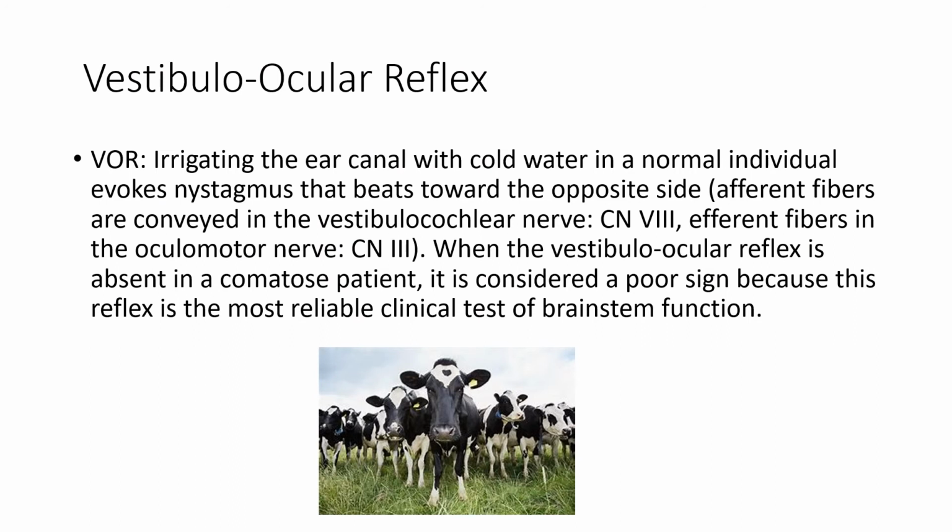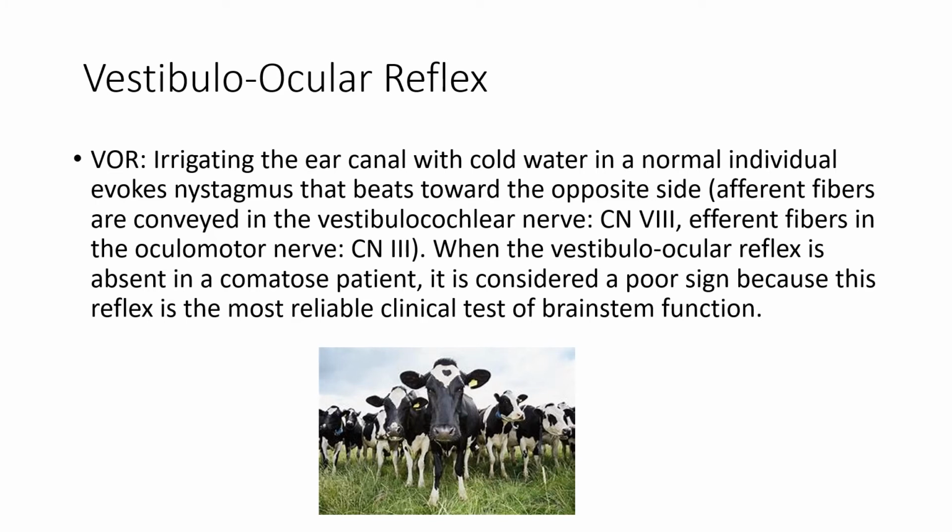It's kind of a fun fact, an interesting way that they test the VOR and can do a little rehab with some patients: they'll irrigate the ear canal with either cold or warm water. They'll irrigate the ear canal with cold water in a normal individual. That's going to evoke nystagmus, okay, that kind of wiggle waggle to the eyes that beats towards the opposite side.